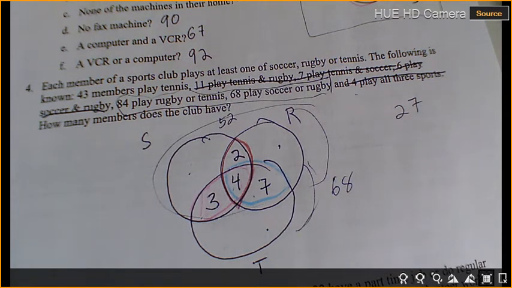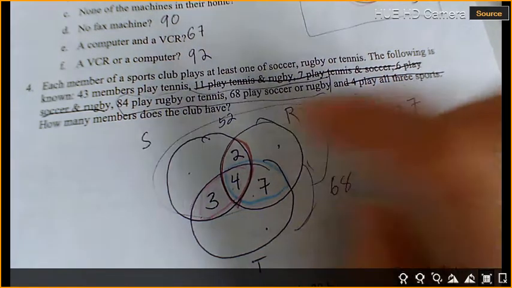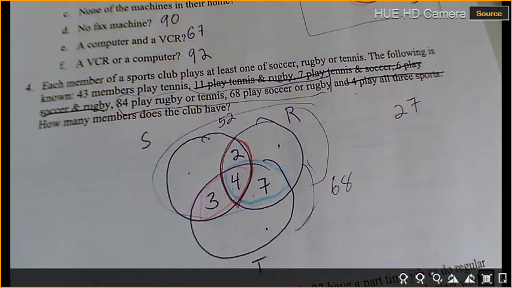It's hard. Okay. So if I need these two to add up to 68, what numbers could I add together to do that? I don't think they have enough members.